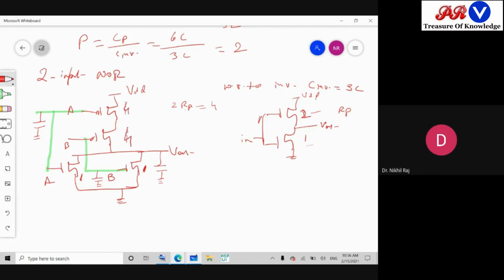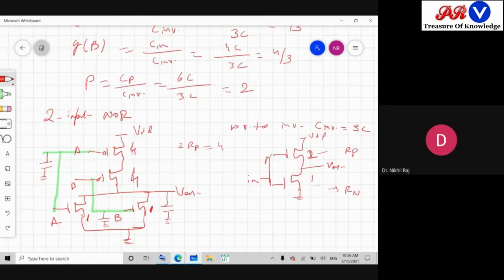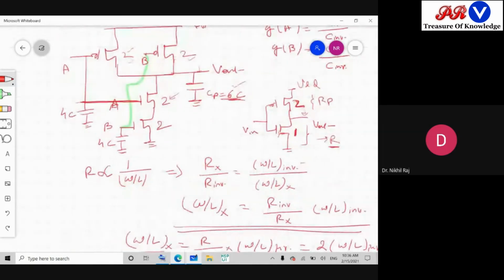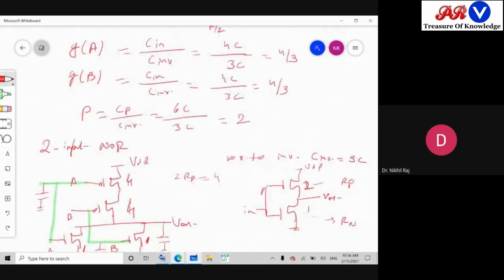If it is giving only Rn, a single MOSFET is Rn, here also single MOSFET, so Rn is there. Similarly, in the earlier problem, here a single MOSFET was giving R, and here we are getting equivalent resistance of 2R. So 1R corresponds to 1, so 2R will correspond to 2. So 2 is the dimension. So this way you can very quickly do it.